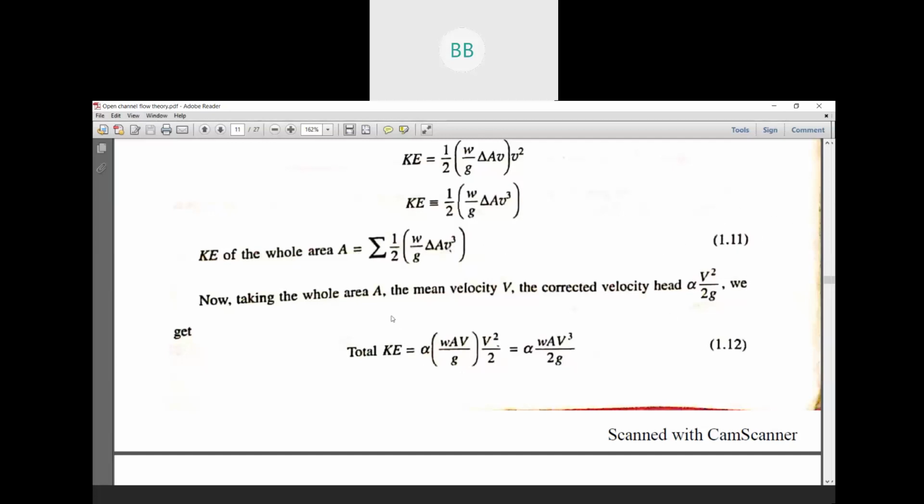Now if you want to find out the kinetic energy of the whole cross-sectional area, the equation will be the same, half into mass into velocity square, half mv square.